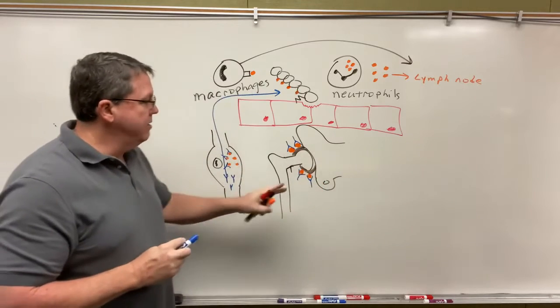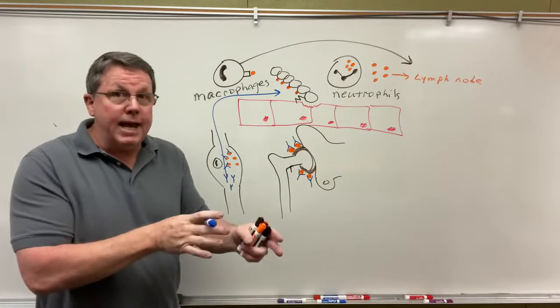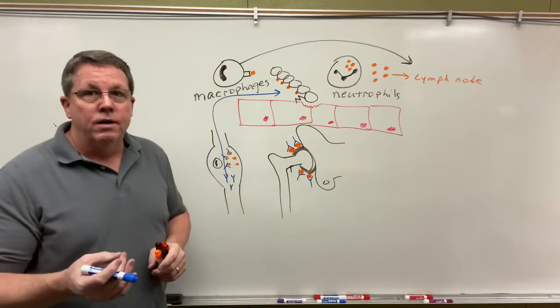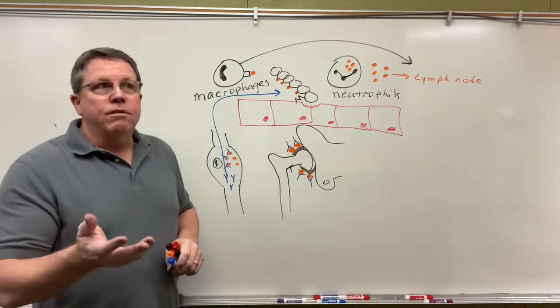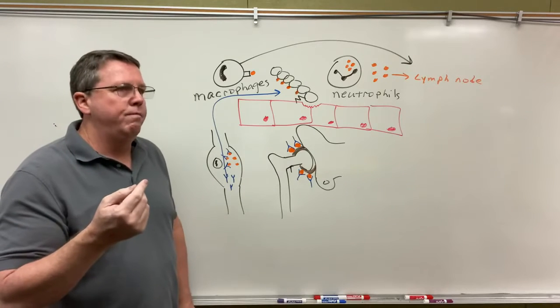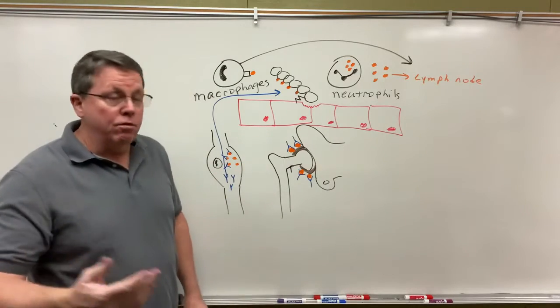By the way, because my own immune system is attacking my own body, rheumatic fever is considered an autoimmune disorder. Autoimmune disorders are when your own immune system attacks your own body. The more common ones are like systemic lupus or rheumatoid arthritis. Okay, so rheumatic fever is considered an autoimmune disorder.